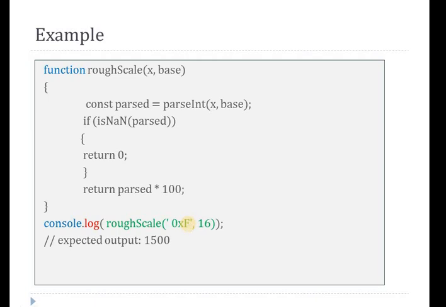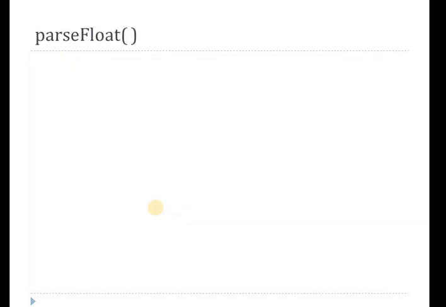So it will return 1500, and obviously in hexadecimal f means 15 in decimal. Okay, and after that if you call with 321 and base value 2, then it will return 0 because it is not treated as a number.